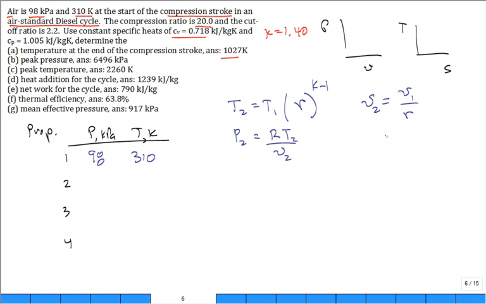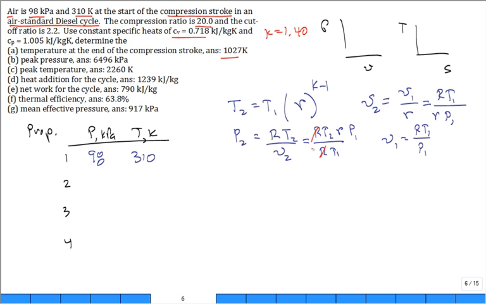And you get V1 by RT1 divided by P1. I mean, there's a number of ways to get it, so you could substitute there. You would get RT1 divided by the little lowercase r P1. And then you could substitute in here. You have RT2 divided by RT1 over RP1. All right, you can see some cancellation.